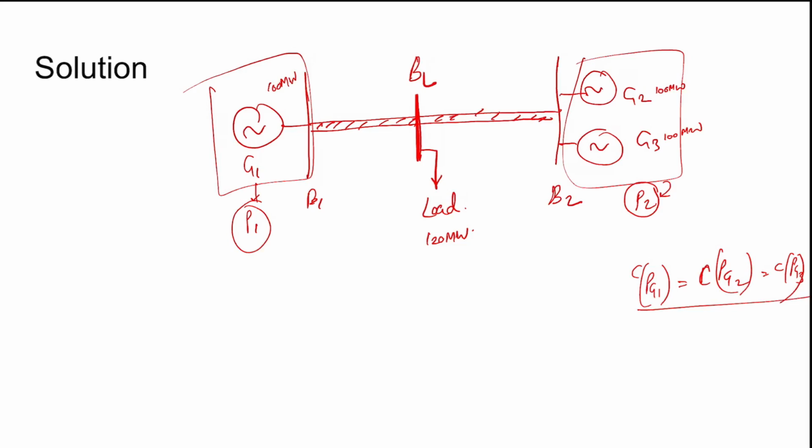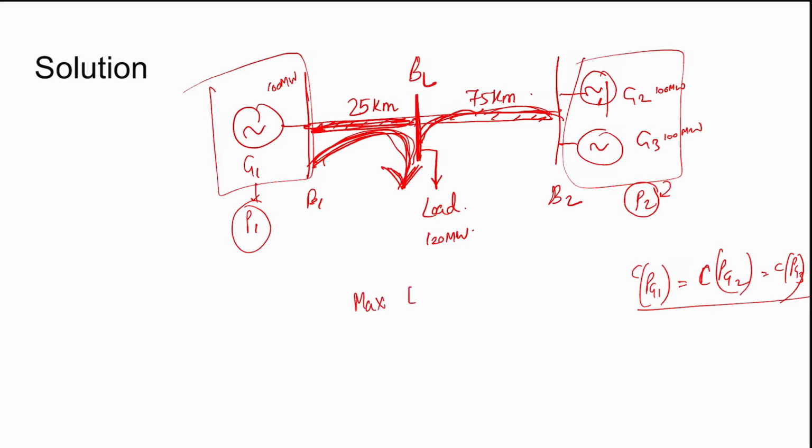Now what will be the deciding factor? This is 25 kilometer and this is 75 kilometer. If the first power station feeds the load, the current has to flow through only 25 kilometer of transmission line. But if the other two feed any amount of the load, it still has to pass through 75 kilometer of transmission line and then feed the load.